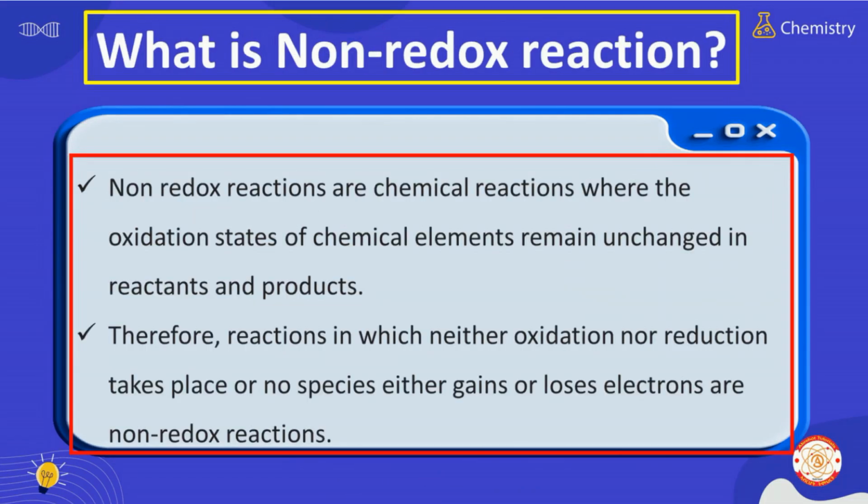So remember, not every reaction is a redox reaction. Non-redox reactions are reactions where the oxidation states of the elements remain unchanged in the reactants and products. So a reaction in which neither oxidation nor reduction takes place, or no species either gains or loses electrons, is called a non-redox reaction.